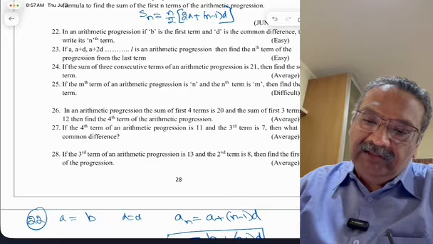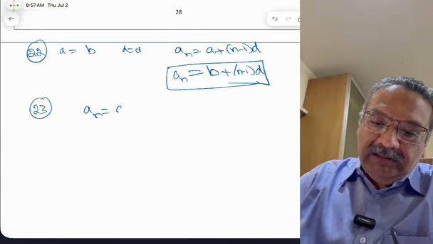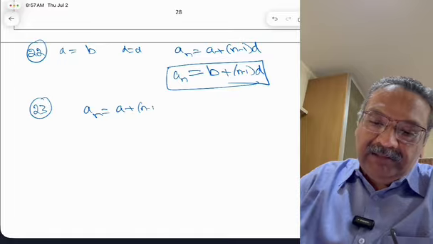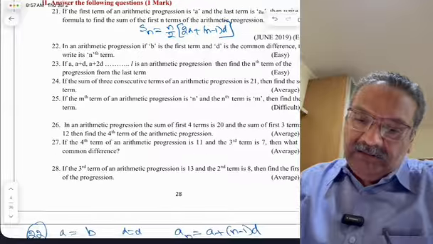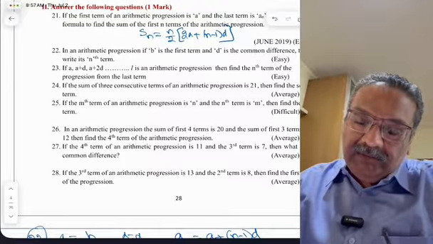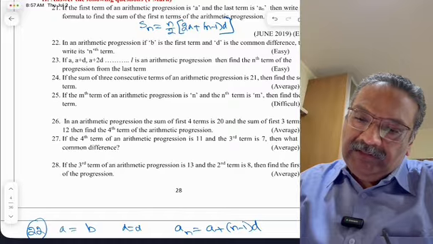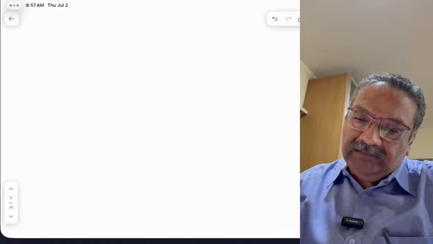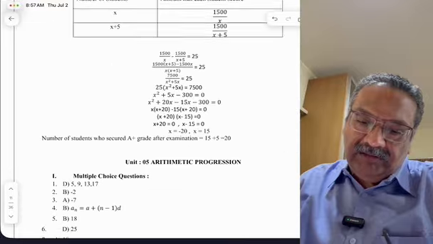See, An is A plus n minus 1 D, which is the regular formula. What is he trying to ask here? Let us see the answer. Solution is there.